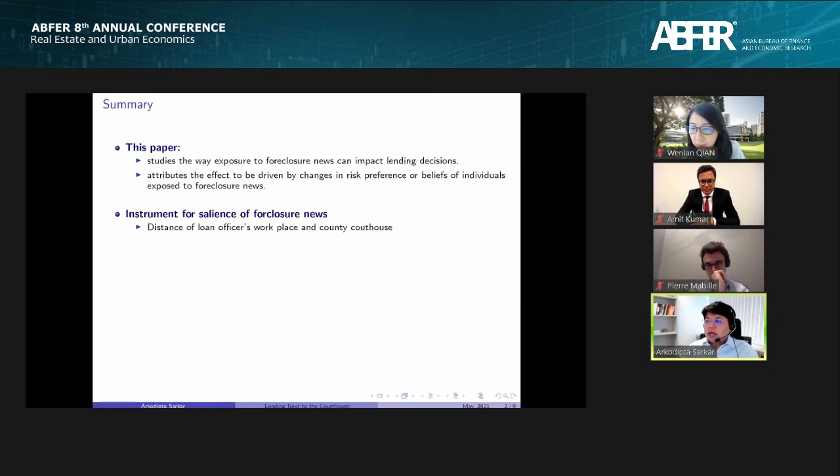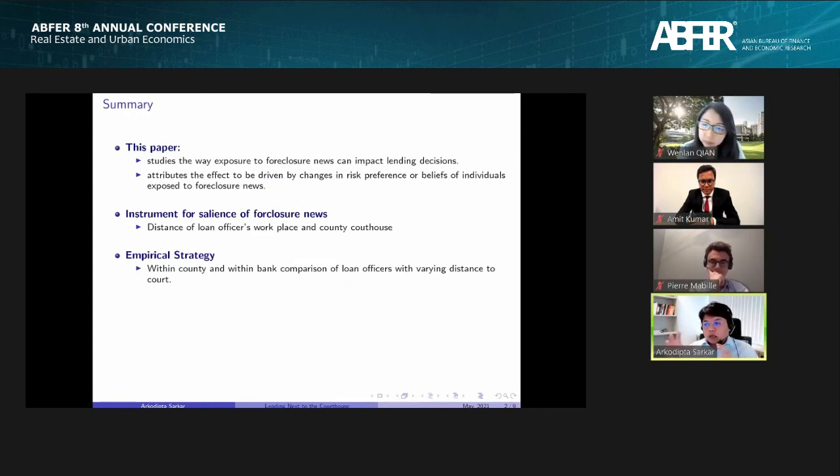The empirical strategy exploits within-county and within-bank comparison of loan offices with varying distance to the courthouse. That is the primary empirical strategy, with the idea that within county-year fixed effects control for all the local macroeconomic shocks, and they can neatly identify what happens just because an individual is closer to the courthouse.